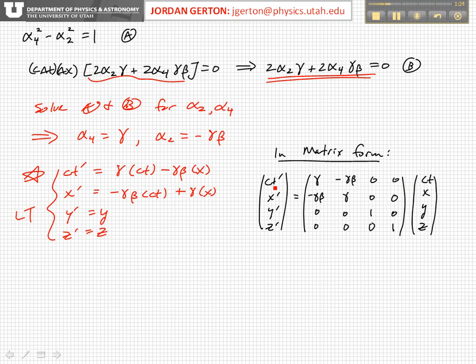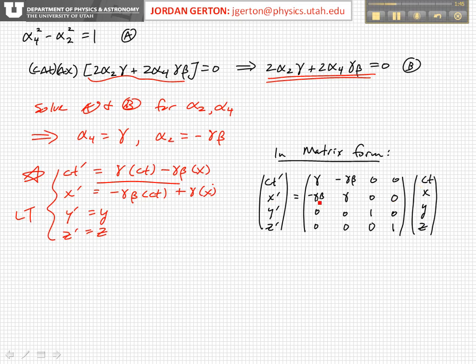So ct prime is equal to gamma times ct plus negative gamma beta times x plus 0 times y plus 0 times z, which is exactly this equation here. And similarly, x prime is equal to the second row times the column vector.